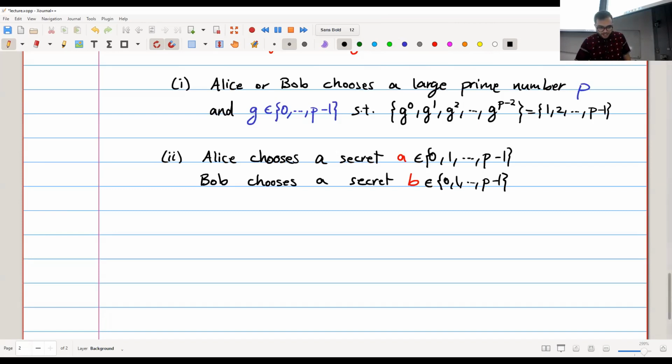Okay, so this is my third step. Alice computes, let's just write it like this, g to the power of A, and sends this over the channel to Bob.